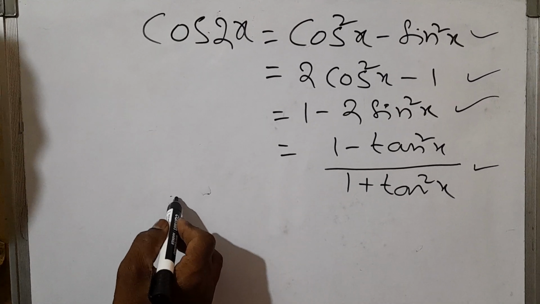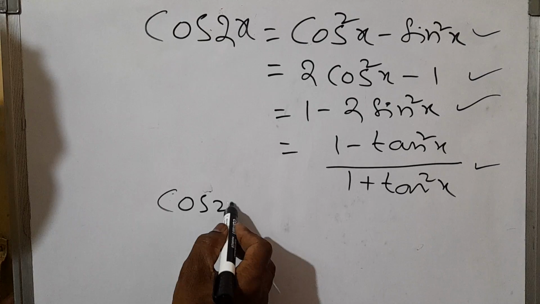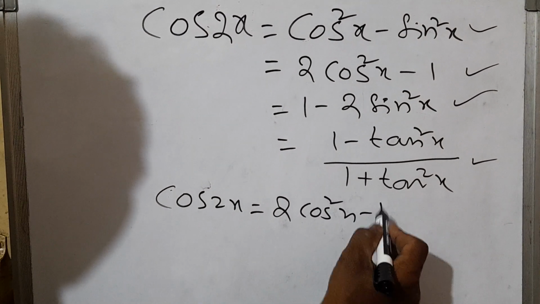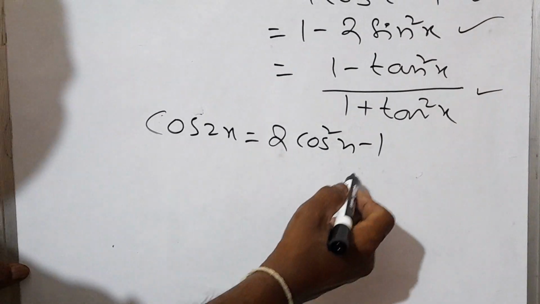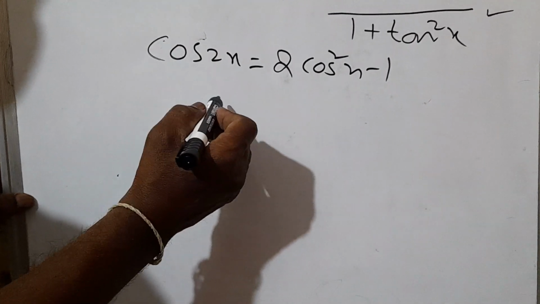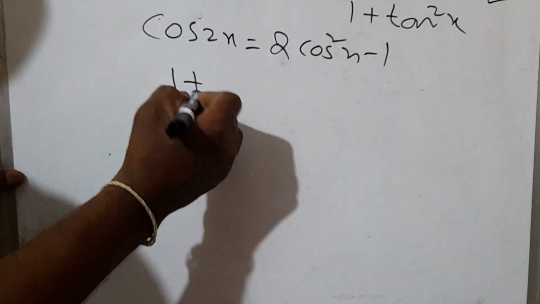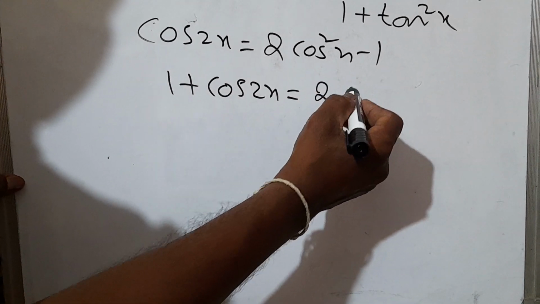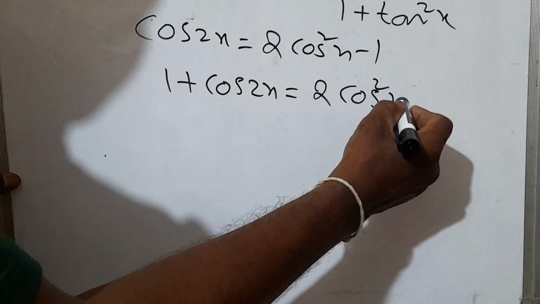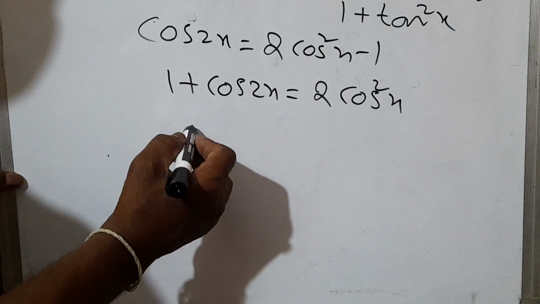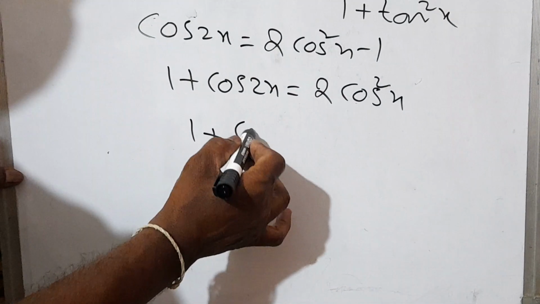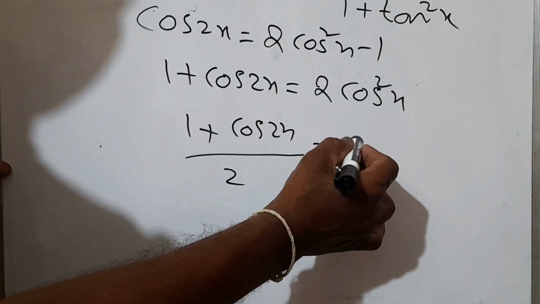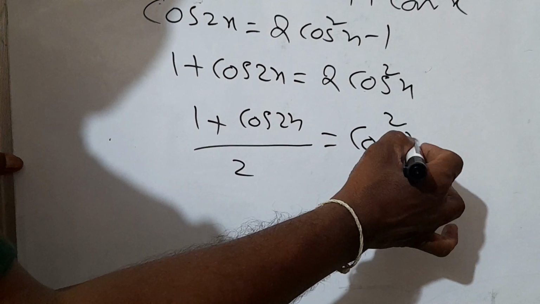Here we have cos 2x is equal to 2 cos square x minus 1. I am shifting minus 1 to this side, so it becomes 1 plus cos 2x is equal to 2 cos square x. Now let us shift 2 also to this side. It becomes 1 plus cos 2x by 2, that is equal to cos square x.